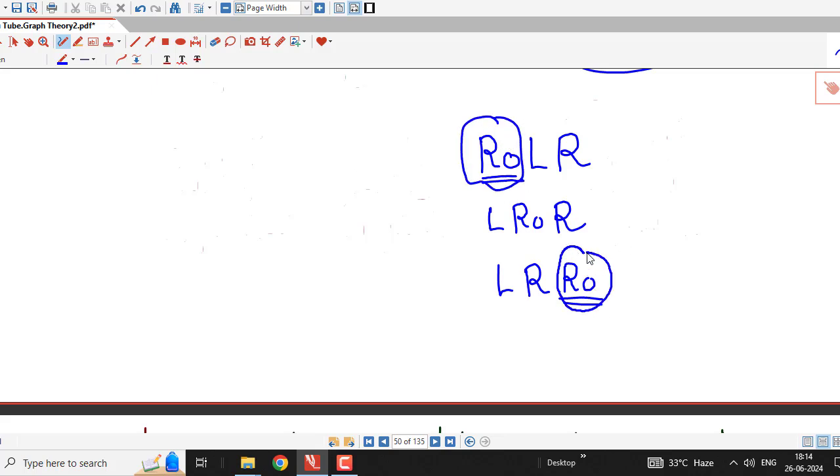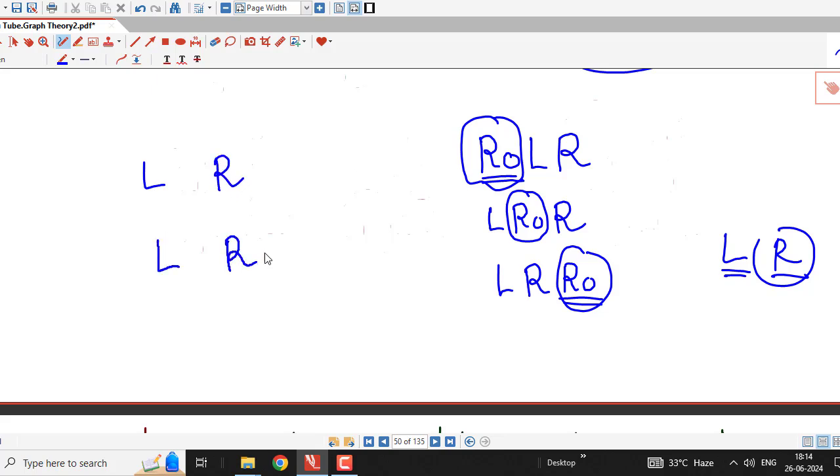For post-order, the root is at the last position, and for in-order, the root is in between the left and right subtree. This L and R are always in this sequence, first the left subtree and then the right subtree, and by changing the position of the root, we will obtain these three different tree traversal algorithms.